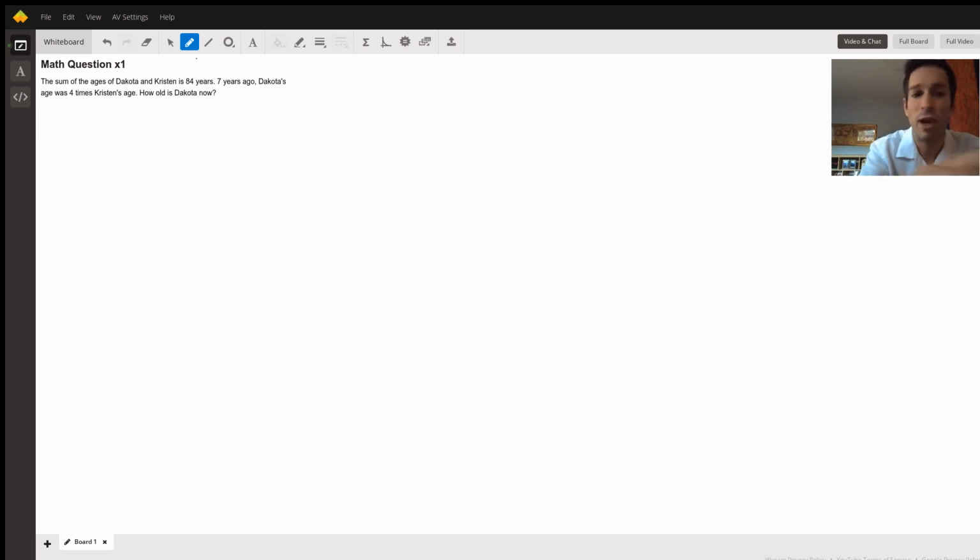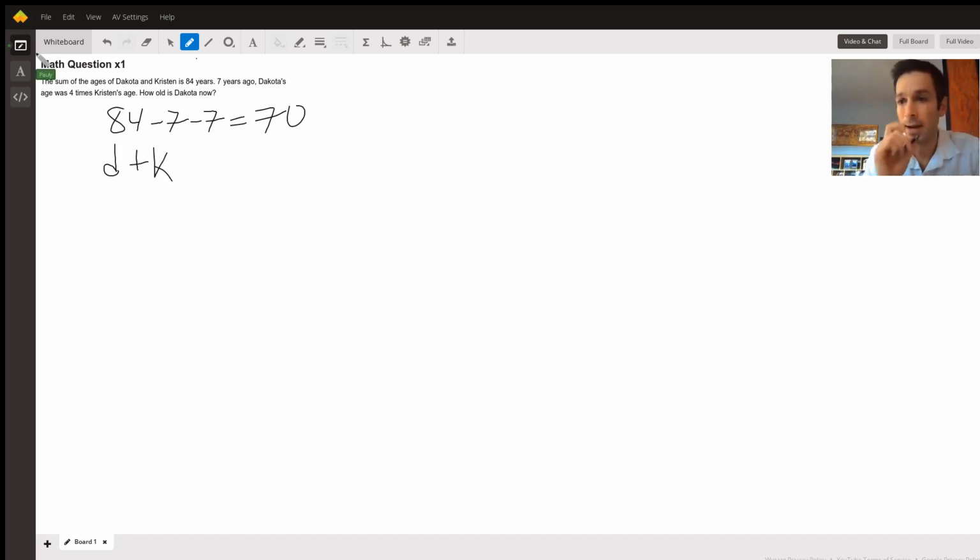So you'd have to subtract 14 from 84. So the sum of their ages 7 years ago was actually 70. Well, how old Dakota was 7 years ago plus how old Kristen was, D and K, right? So Dakota's age plus Kristen's age equals 70. That's our first equation. Ta-da!